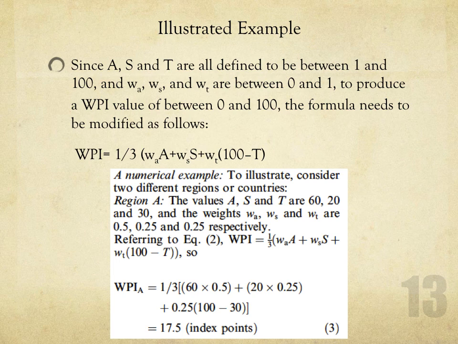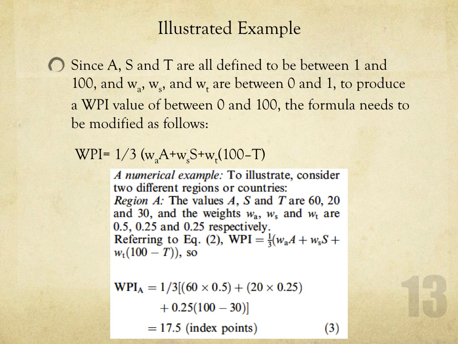And if you look at the numerical example which has been actually shown in this slide, which has been directly taken as a screenshot from the paper. So in this example, for a region A, or for any region here, just an alphabet has been used to denote the region.